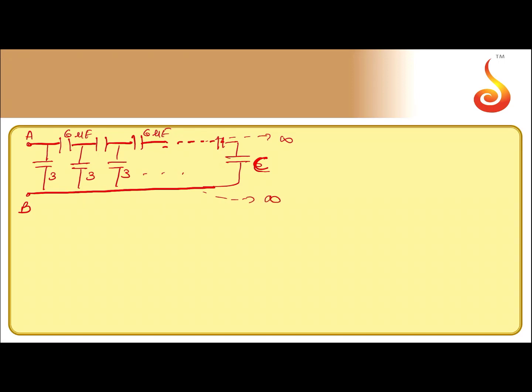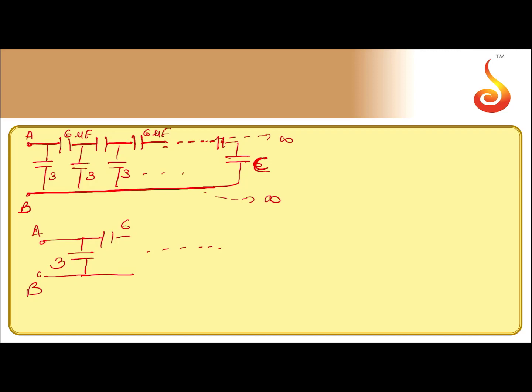That means it is independent of the number of sections. So I am going to consider it like this. This is 3 microfarad, this is 6 microfarad, and by the repeated addition of this segment I can generate this ladder network.